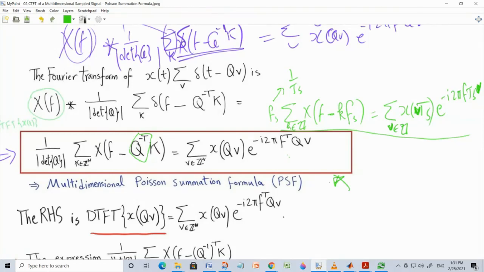Okay, so Poisson summation formula, because one side, whether in the 1 dimension or the n dimensional case, one side is the DTFT. So you can use the Poisson summation formula to compute DTFTs, especially if you have a summation that looks tricky and that you cannot manage.